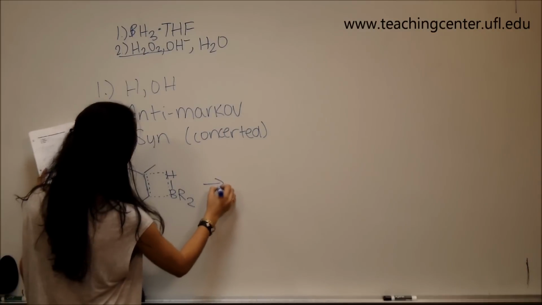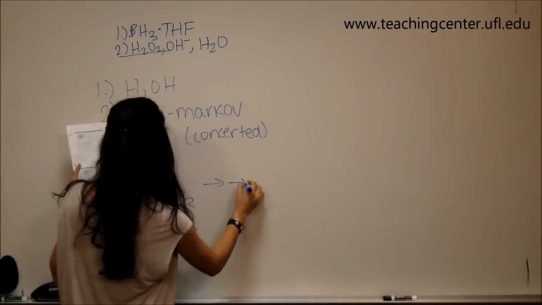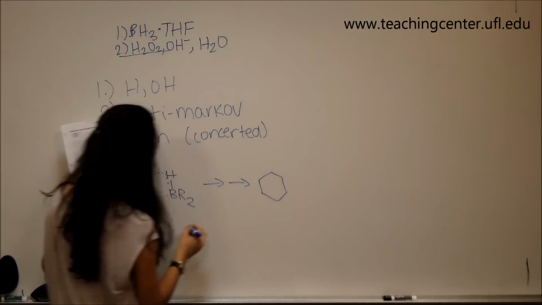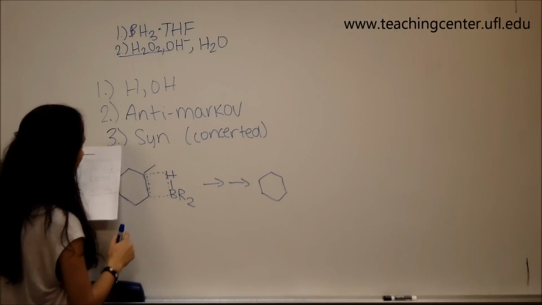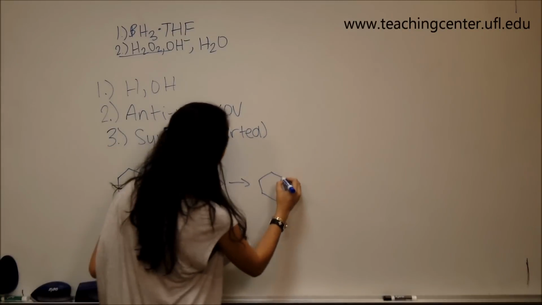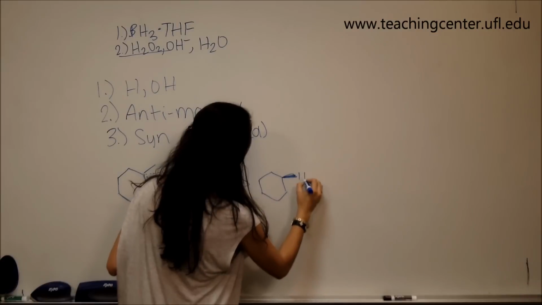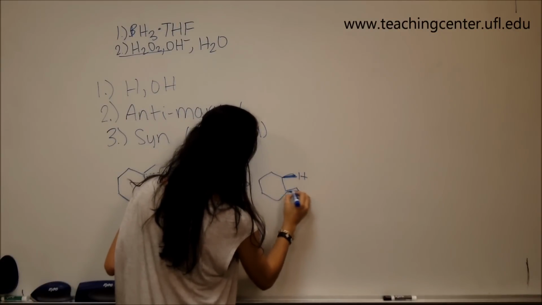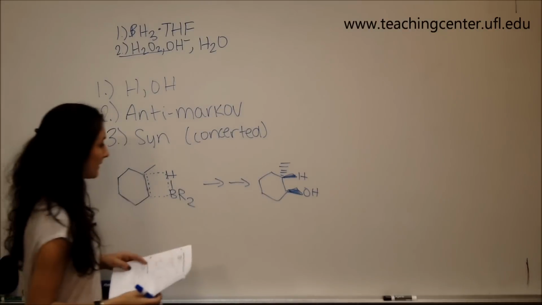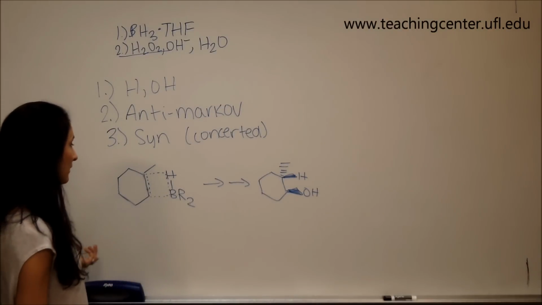And then eventually you break this bond between the hydrogen and the BR2, and the BR2 gets replaced by OH. All right, so what did I end up showing here?